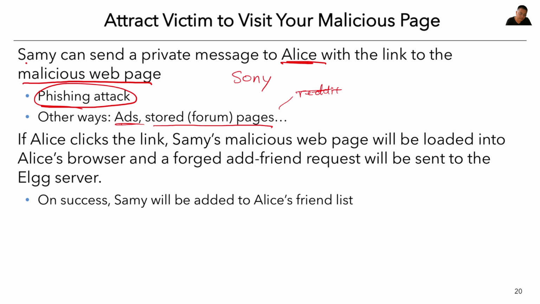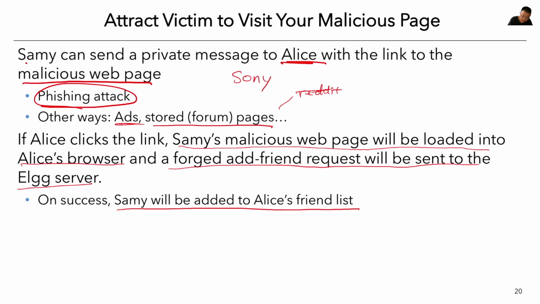Okay, they can be misused by the attacker. So if Alice clicks the link, Sammy's malicious web page will be loaded into Alice's browser, and a forged add friend request will be sent to the ELGG server. So on success, Sammy will be added to Alice's friend list.